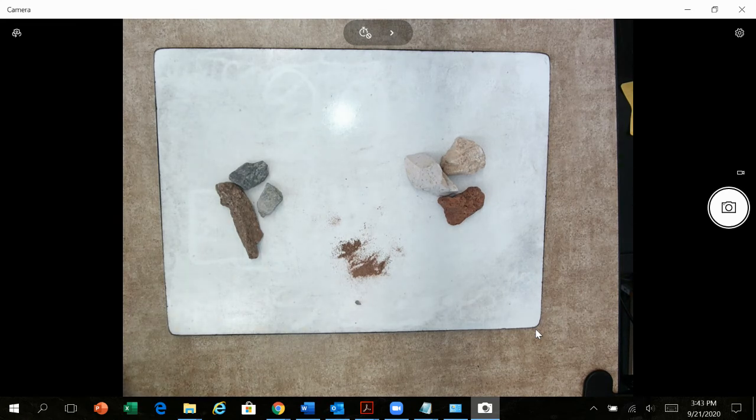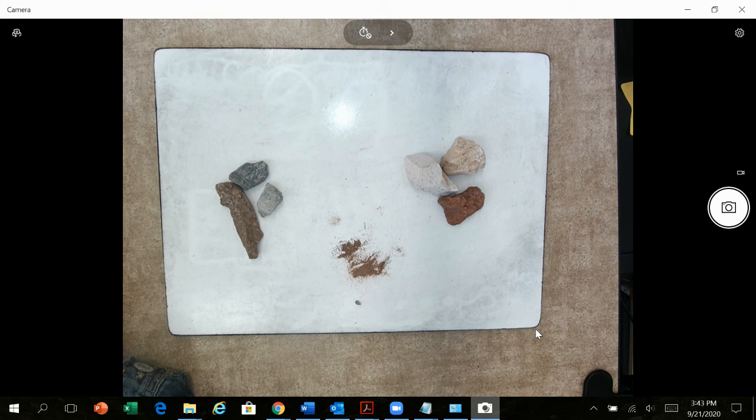Okay? So what I want you guys to do right now is I want you to go outside and I want you to find your own rocks. So I want you to find 6 different types of rocks out in your yards, or you can have your parents take you somewhere to find rocks if you don't have them in your yards. But I want you to find 6 different types of rocks, and I want you to sort them by their properties.